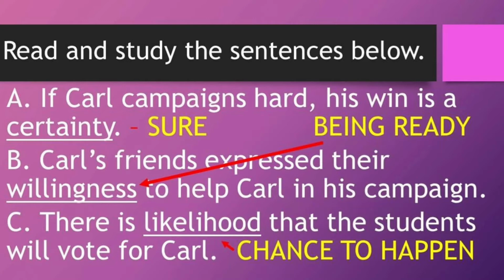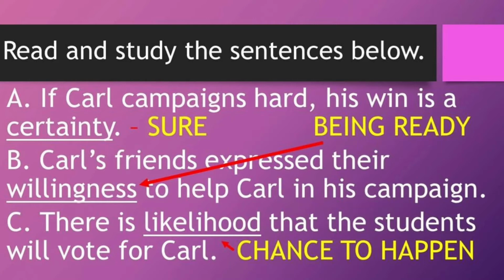Let's go back to the first sentence. Specifically, certainty in sentence 1 expresses that Carl's win is for sure. The word willingness in sentence 2 expresses that Carl's friends are ready to help him. And in addition, likelihood in sentence 3 expresses that there is a chance that the students will vote for Carl.